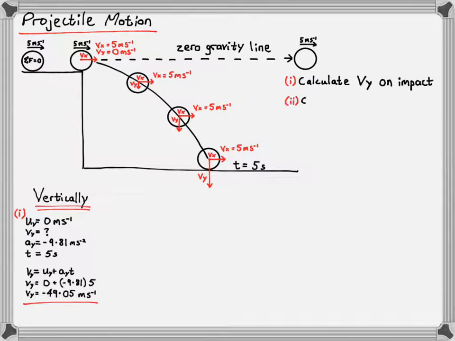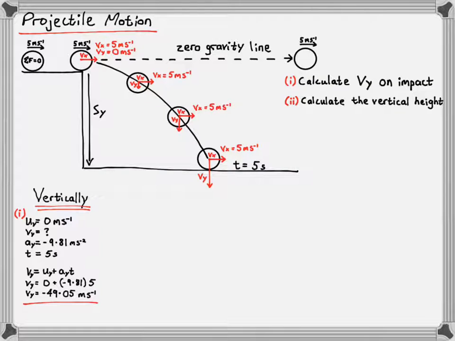Okay, so that's that. So what if we want to calculate the vertical height? In other words, I want the height of the cliff. Okay, again, we're just dealing with the vertical component of its velocity here. The height of the cliff is equal to the vertical displacement that the stone travels.